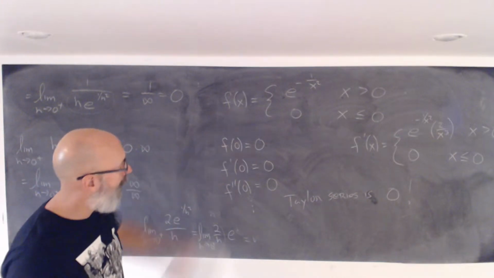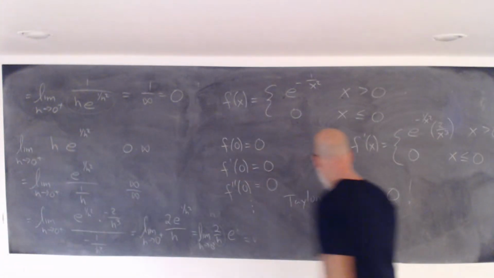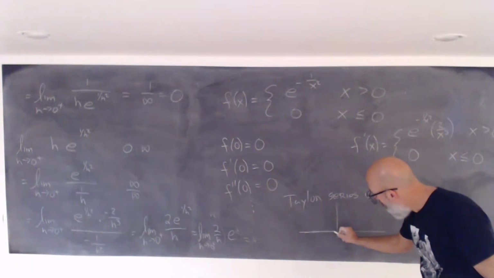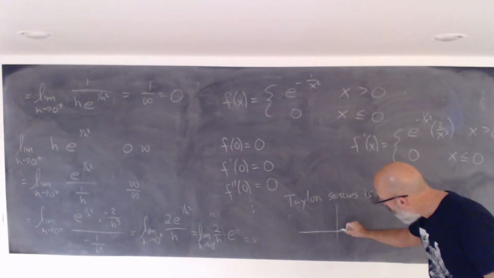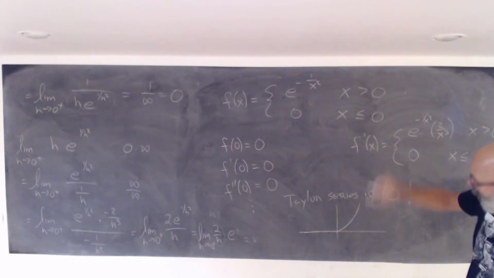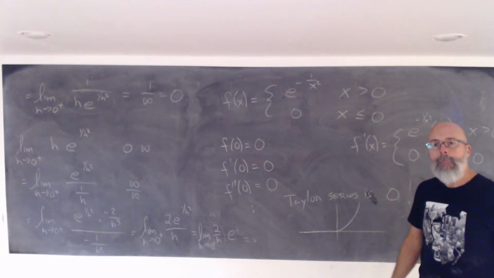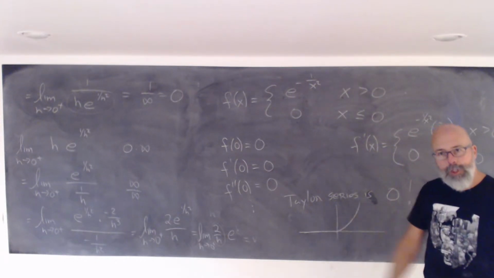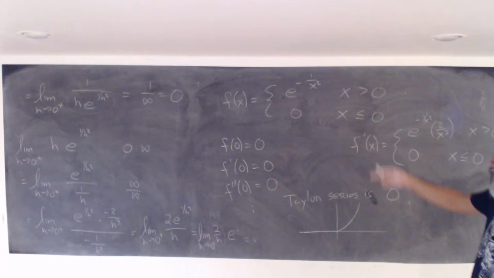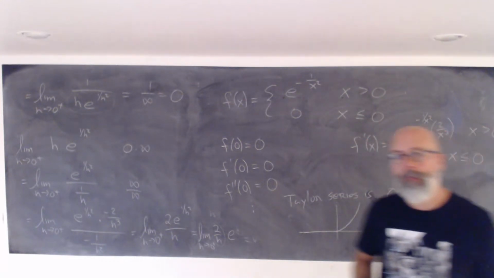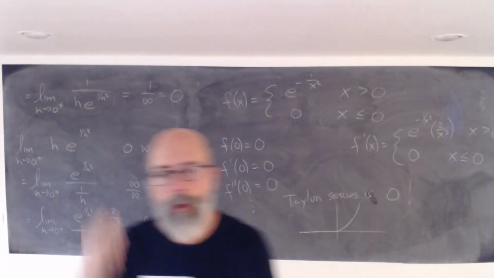If you look at the graph of this, the function is 0, and it's very smooth at the origin, meaning that you can differentiate the function infinitely many times, and the derivative is still 0. That's what's happening.